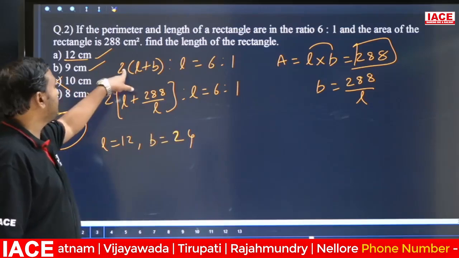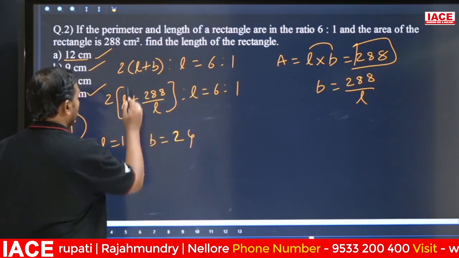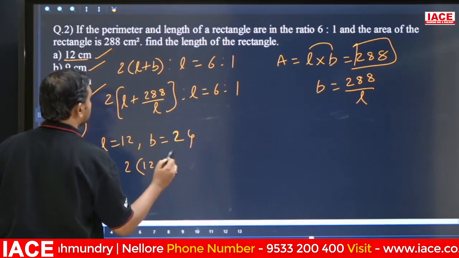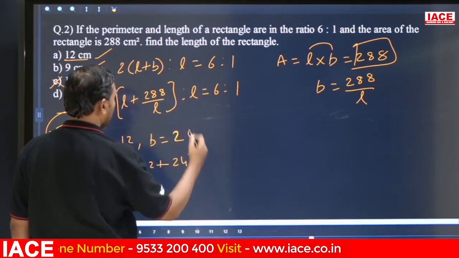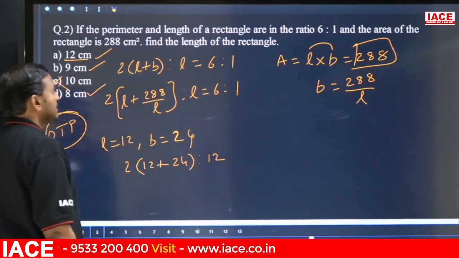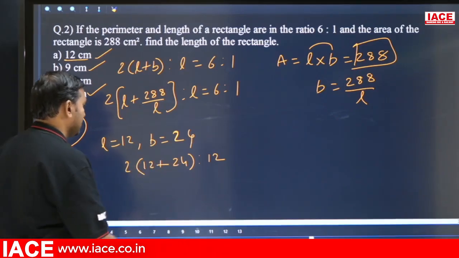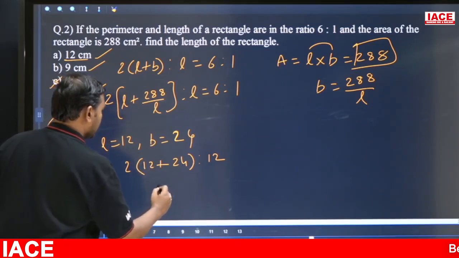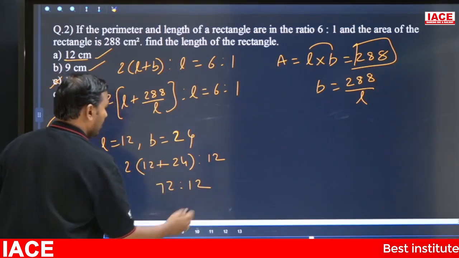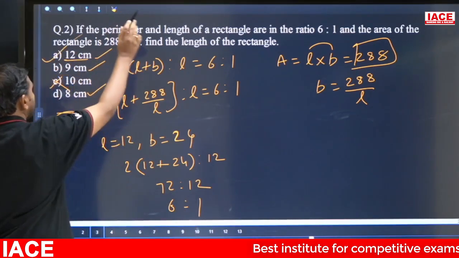Now check whether 2 into (L plus B) is to L is 6:1. 2 into (12 plus 24) is 36 times 2, 72, is to 12. So 6:1 exactly. This is 6:1, so option A is the right answer.